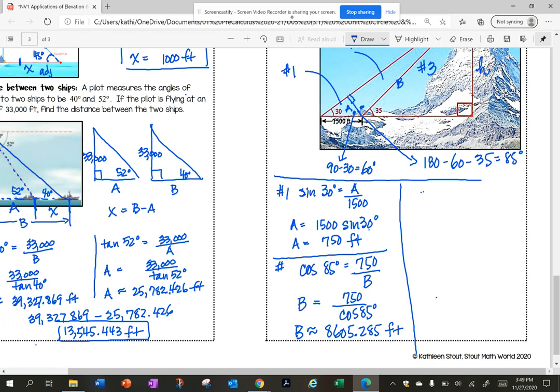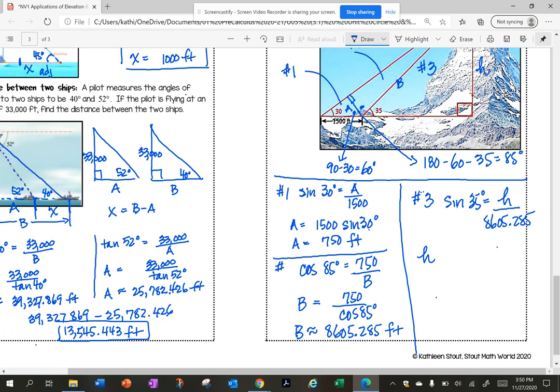And last, I want to solve for the height of the mountain. So now 35 degrees is my reference angle, and I know the two sides that I'm using are the opposite side and the hypotenuse, so I am back to sine. So for my third calculation, I'm going to say the sine of 35 degrees is the height divided by 8605.285.